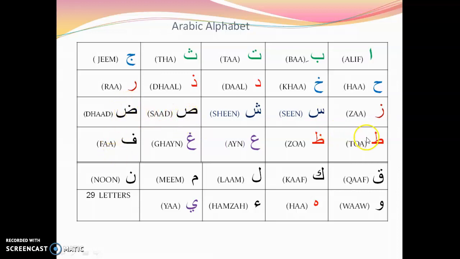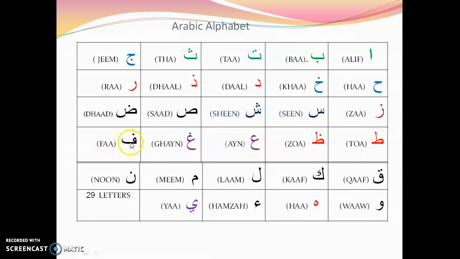Ta, Za. These two are similar. The only difference is the dot on top, and this one has no dot. Ain, Ghain, these two again similar. The only difference is the dot on top. Ghain has got a dot on top and Ain has got no dot.